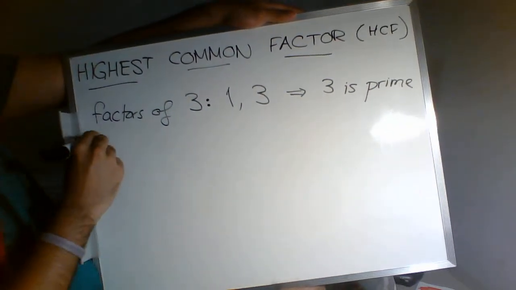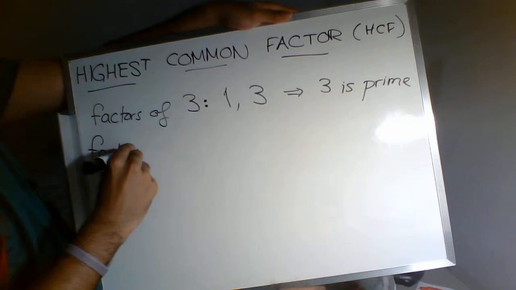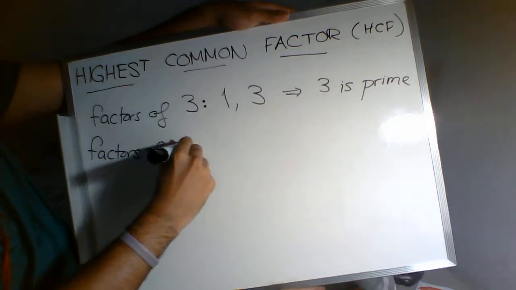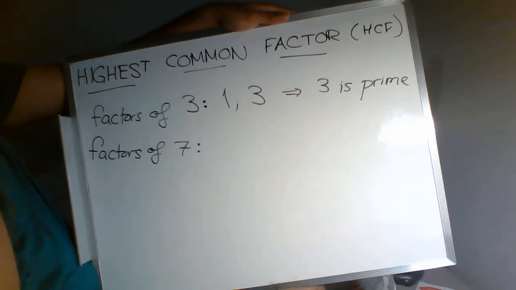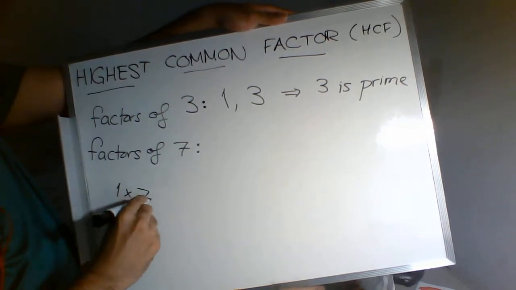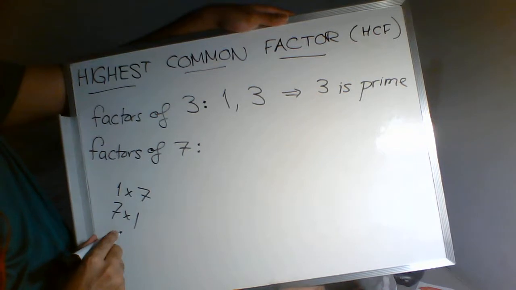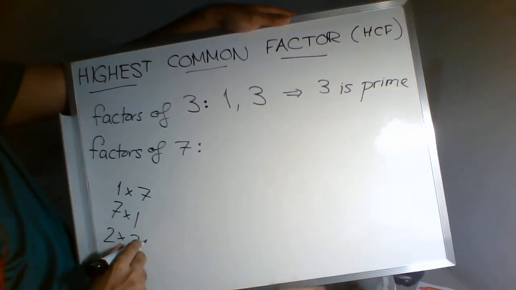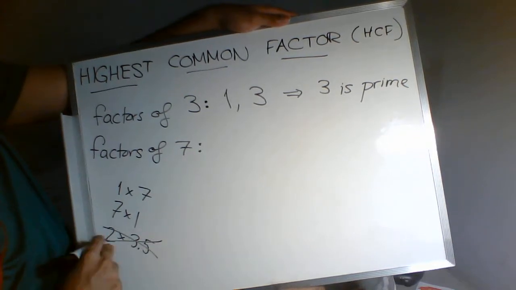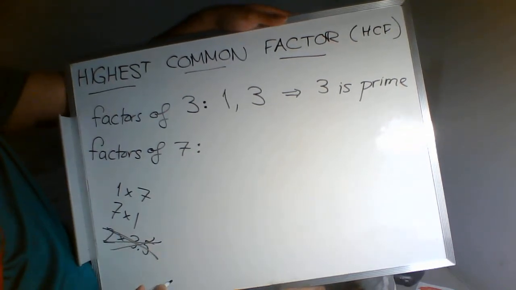Let's do the same thing with a slightly larger number. If we do factors of 7, the only whole numbers that you can multiply together to get to 7, well, you can do 1 times 7, you can do 7 times 1, but there's nothing else you can do. You can't do 2 times a whole number, you have to do 2 times 3.5, which doesn't work. We're not counting decimals and fractions.